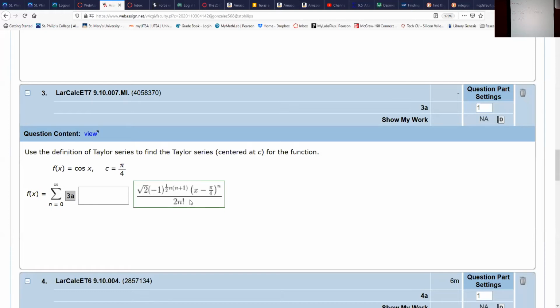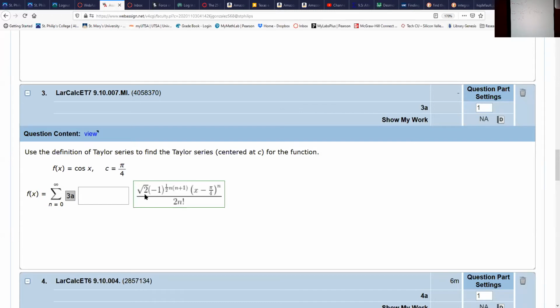How did you plug it in? Oh, I didn't put it like that. I have the square root of 2 over 2, and then I have brackets 1 minus, raised to the n times n plus 1 over 2, times.